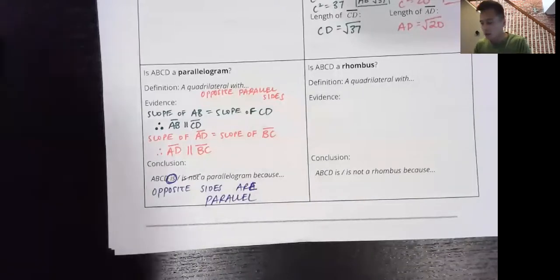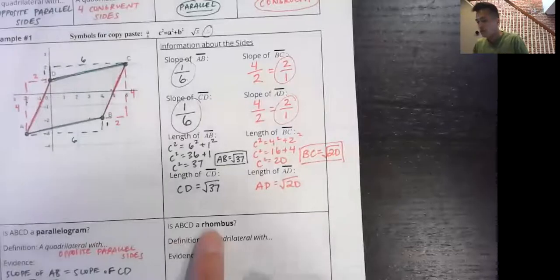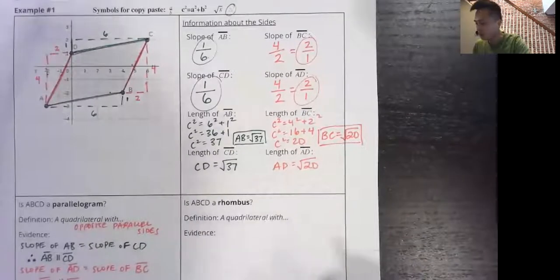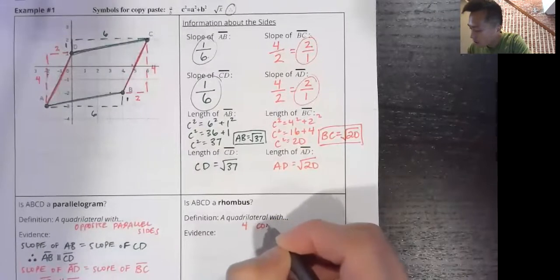Okay, next. Well, we know it's a parallelogram. Is it a rhombus? Well, the definition of a rhombus is a quadrilateral with 4 congruent sides.